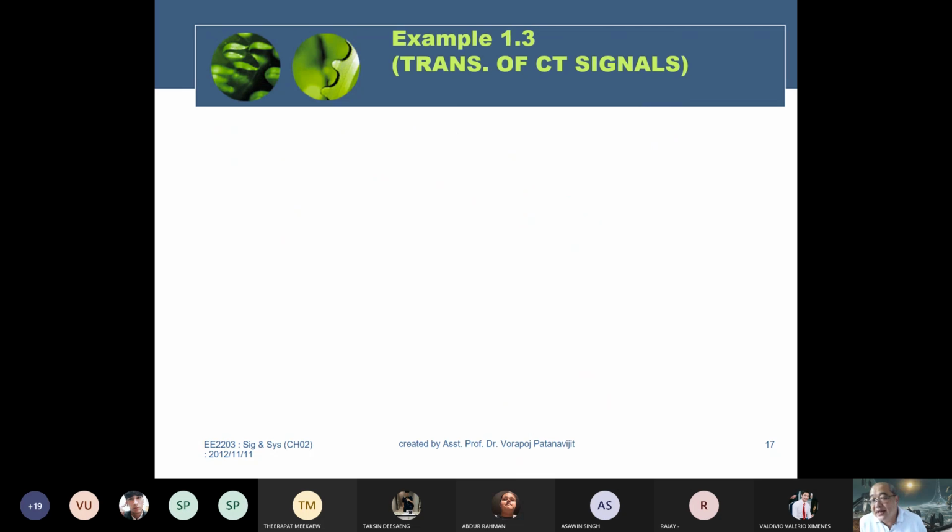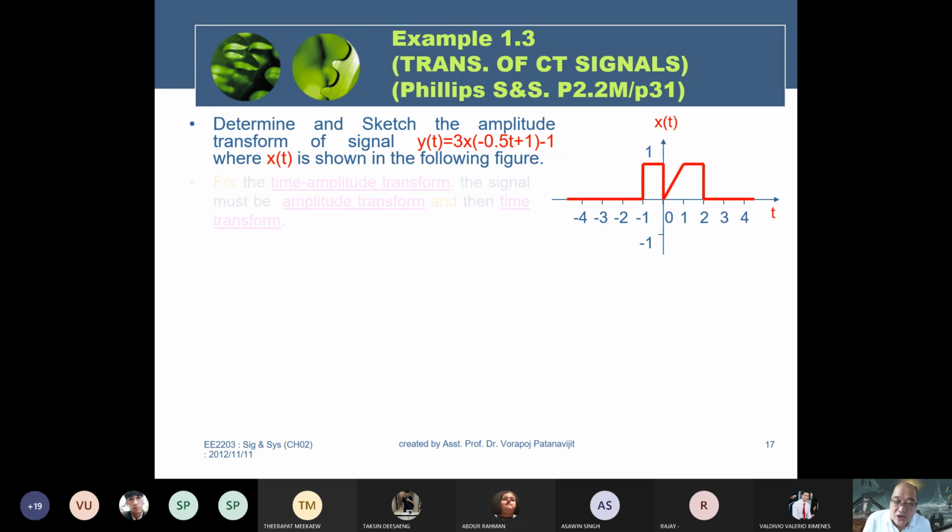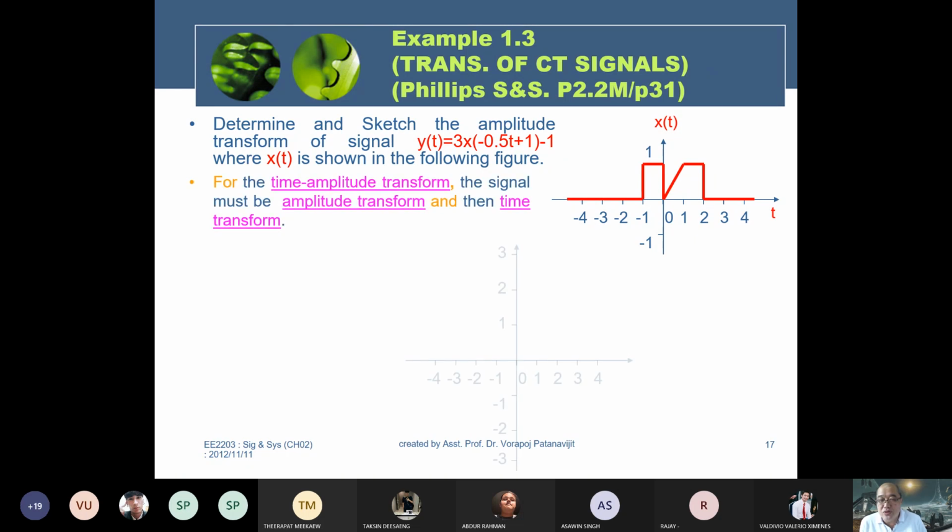In a more complicated case, if you must take both time and amplitude transforms in the same framework, which step do we take first, time first or amplitude first? For this case, we can summarize that you must take the amplitude transform first and then the time transform after that.